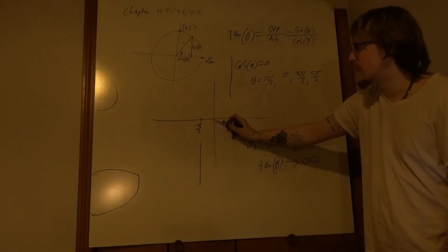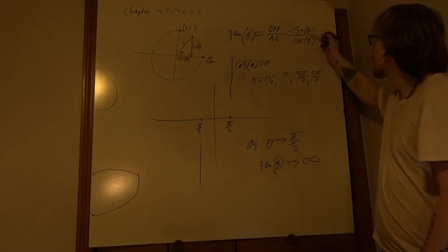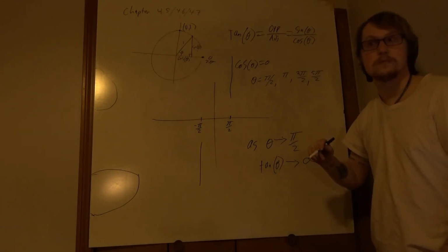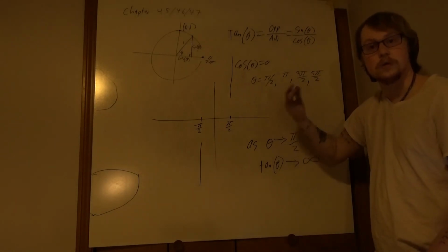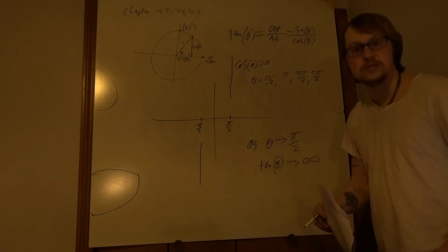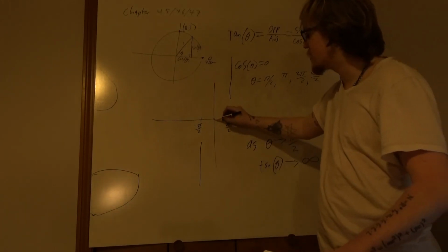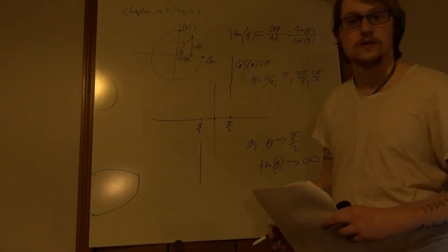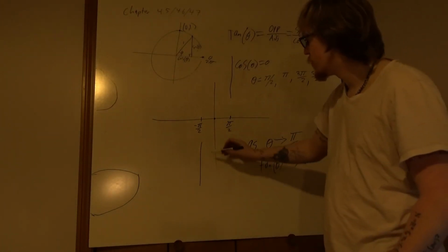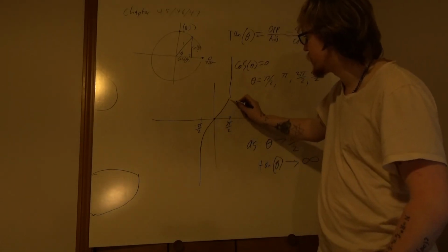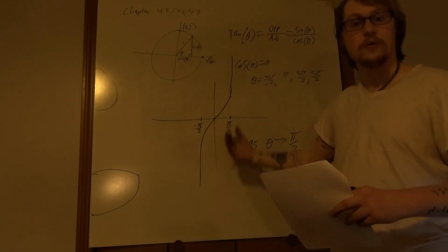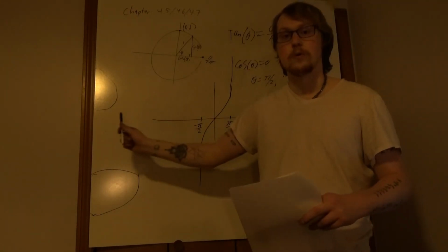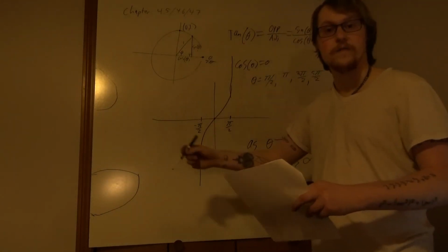Well, if we plug it in, we get sine of 0, which is 0, and cosine of 0, which is 1. So in total, we get 0 over 1, which is 0. So at theta equals 0, tangent of theta also equals 0. And this gives us enough to roughly figure out what the graph has to look like. Since it's a periodic function, we know it's also going to repeat this infinitely forward and backwards.